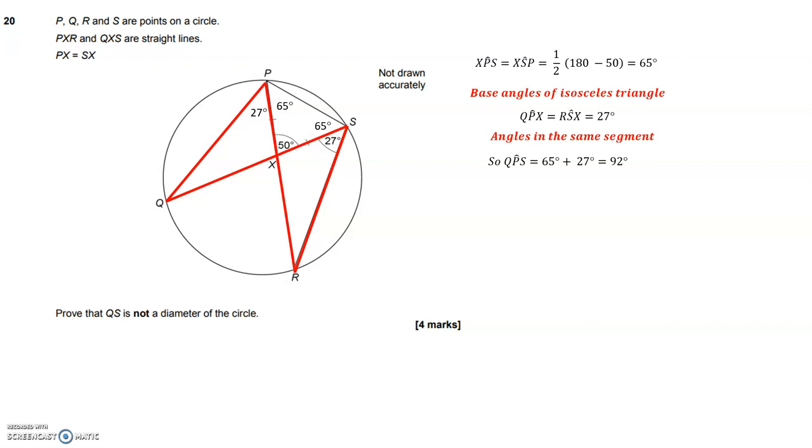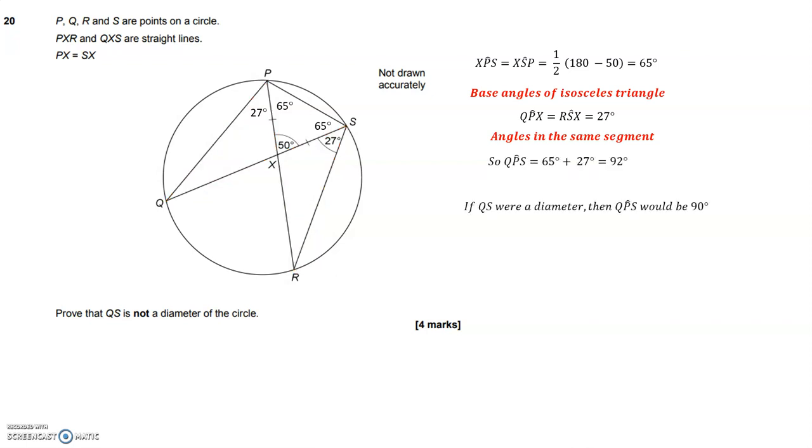And you know that the angle in a semicircle is a right angle. In other words, the angle up at P must be 90 degrees. Well, it isn't. It's 92 degrees, and therefore QS can't be a diameter. It's probably not very far away, because 92 degrees is close to 90 degrees, but it's not a diameter.